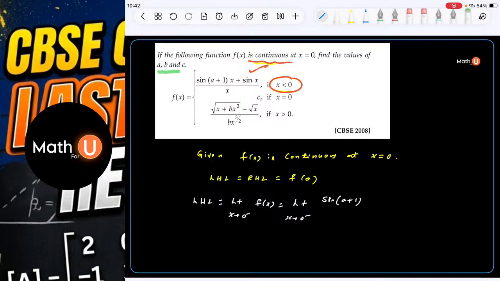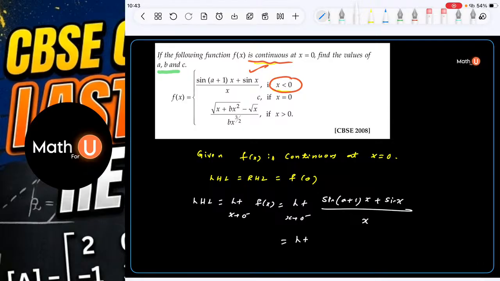What we get here finally? Sin of a plus 1 x plus sin x by x. Then take limit separately: limit of sin of a plus 1 x by x plus limit x tends to 0 minus sin x by x.